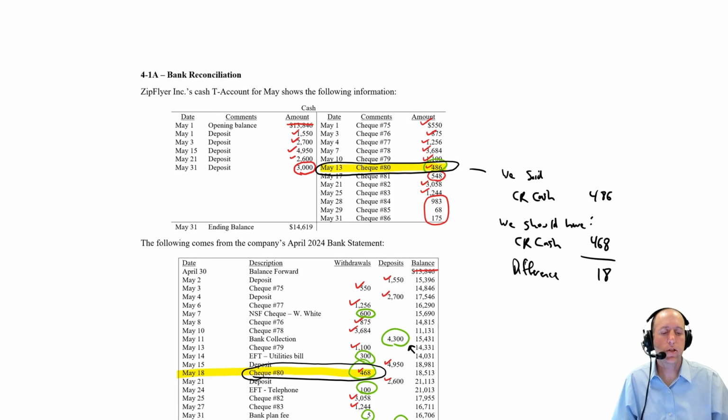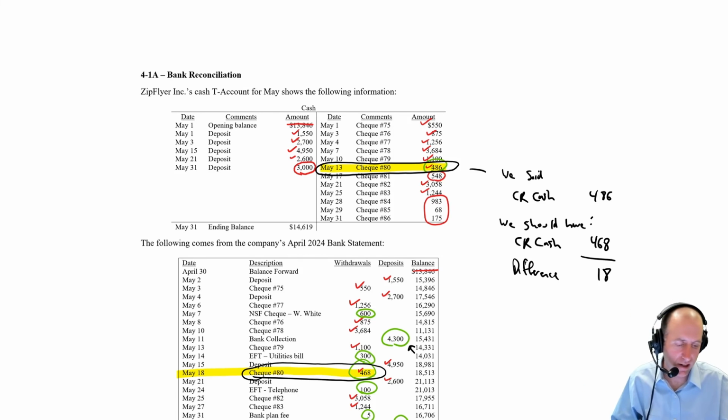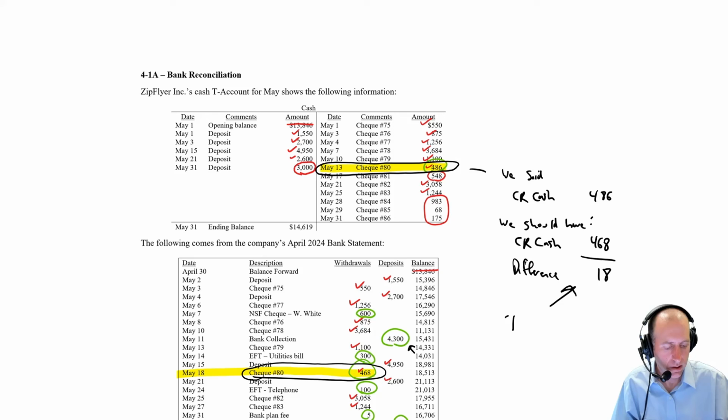And the question I always ask is, did I credit cash too much or too little? And the answer is I credited cash too much, right? I credited cash 486. I should have credited cash 468. So to fix this, if I credited cash too much, I got to debit my cash by $18.